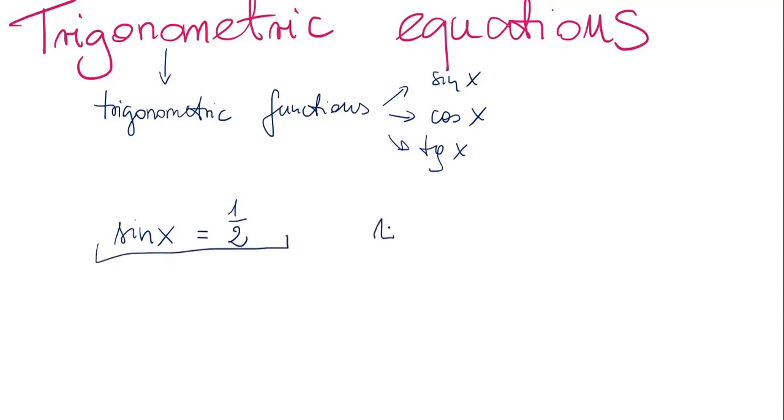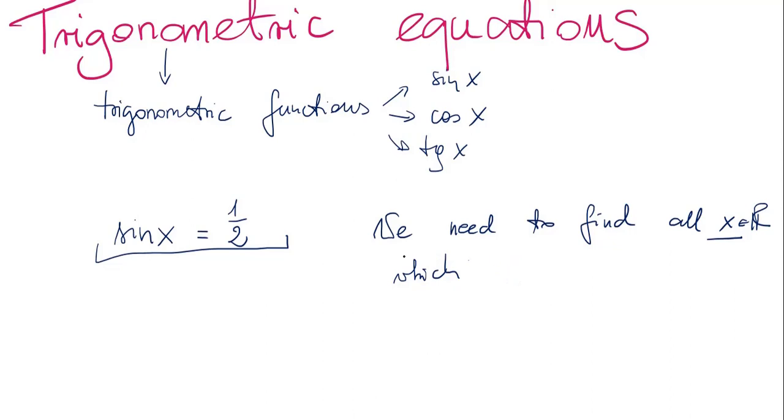We need to find all x, all x which are real numbers, those x for which sine x is 1/2. Which are they? Because there are really a lot of them.